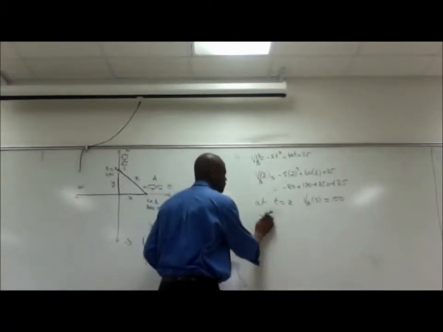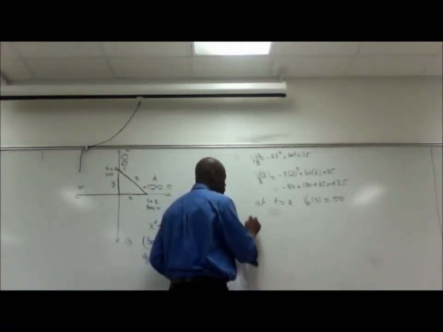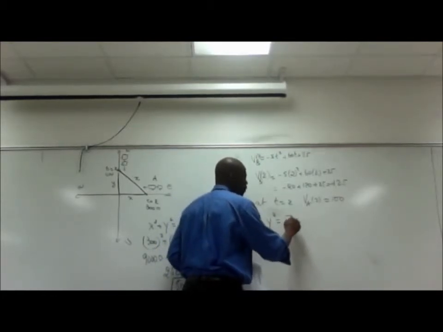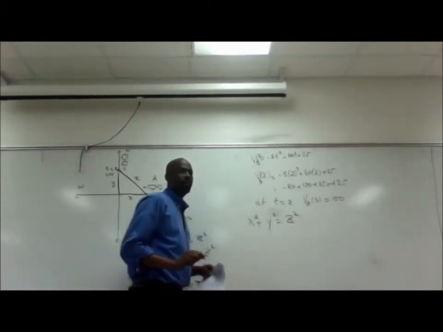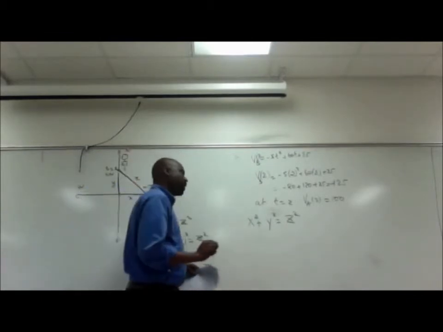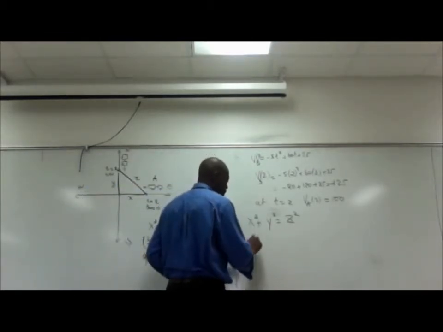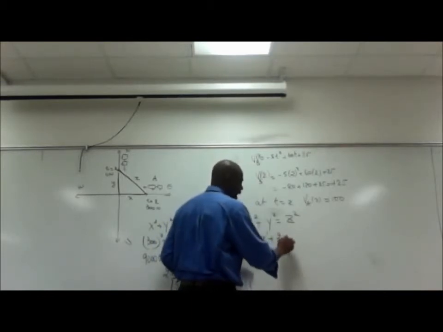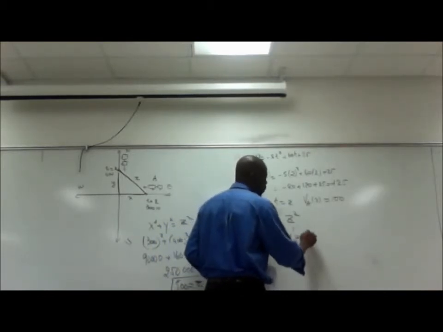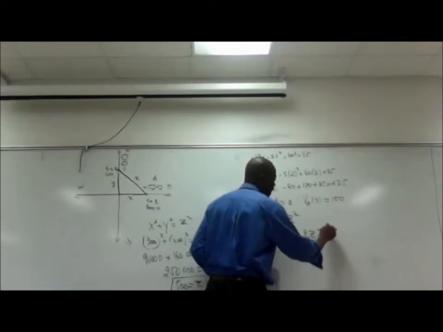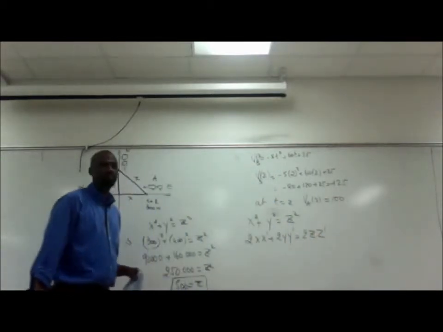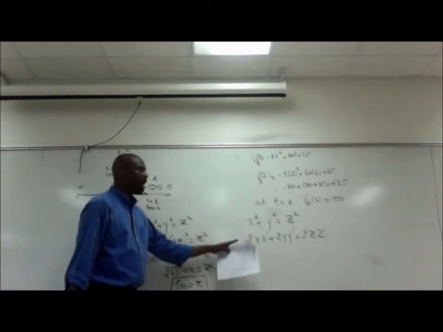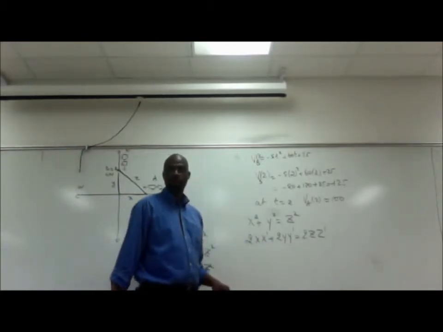So go back to this one: x squared plus y squared equals z squared. We take the derivative. It's going to be 2x x prime plus 2y y prime equals 2z z prime. Everybody see here, we have a 2 everywhere, so we can drop the 2.